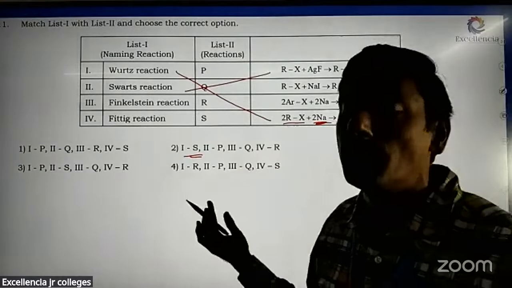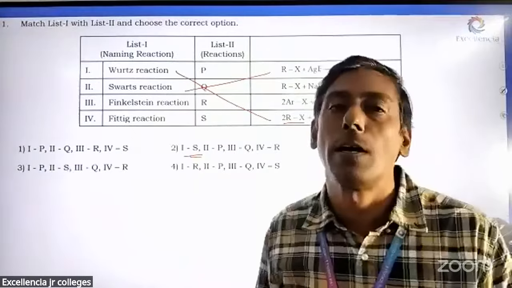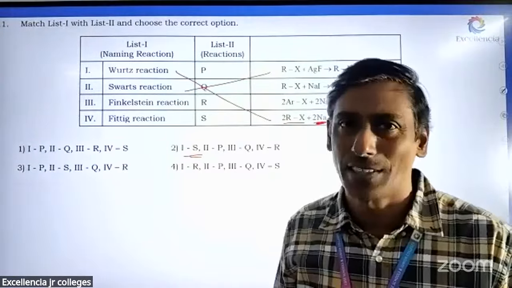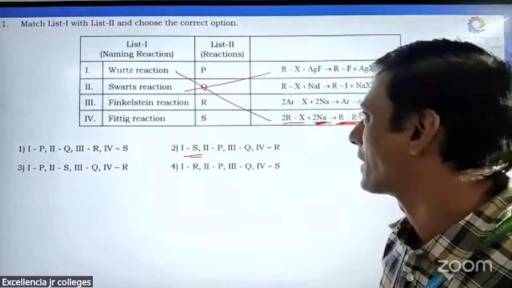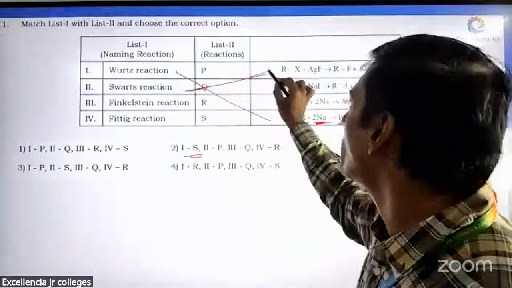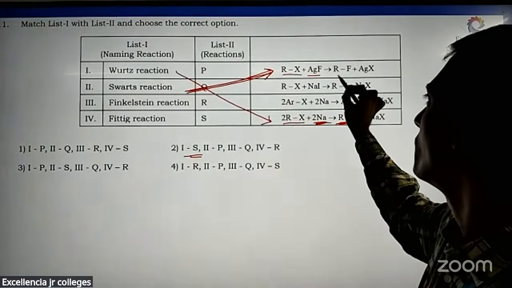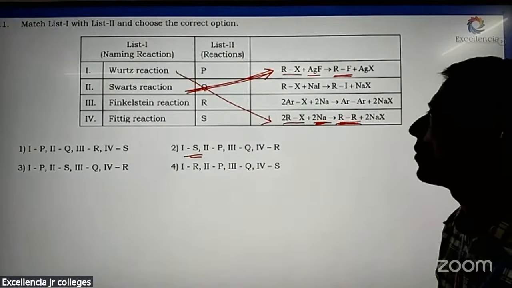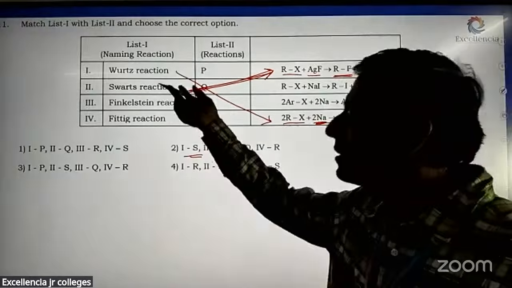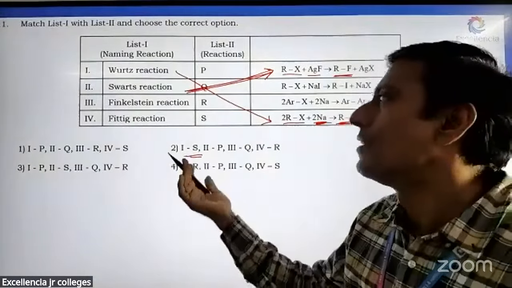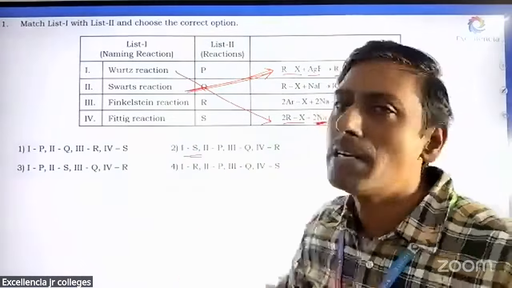We study this under a subtopic called halogen exchange reactions: Swartz reaction and Finkelstein reaction. Swartz reaction is particularly for preparing fluorides: alkyl halide plus metallic fluoride gives fluoride. Then the Finkelstein reaction, which we study immediately after Swartz.